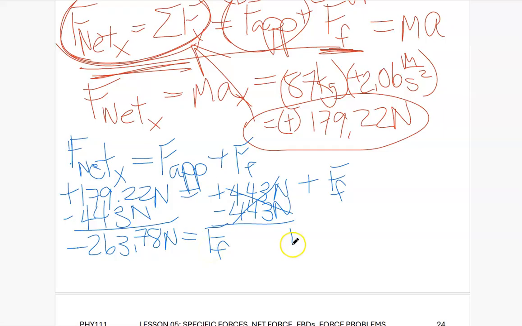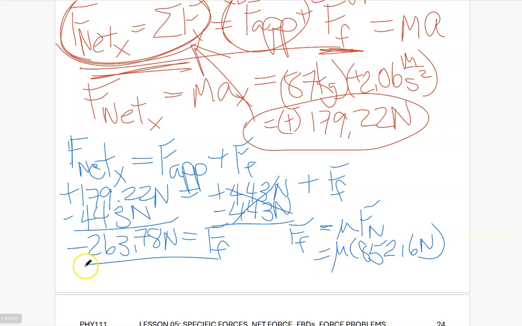Well, frictional force equals mu times our normal force, and we know the value of our normal force. Our normal force is 852.6 newtons. Mu we don't know, and our frictional force we just determined as being 263.78 newtons in the negative direction.